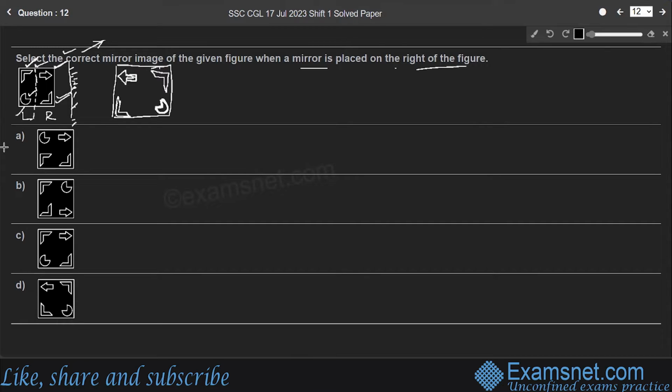In the figure, it is facing towards the northeast direction. Right? In the image part, it is facing northwest direction like this. Therefore, the mirror image of the given figure looks like this. So look at the options. Option D is exactly the mirror image of the figure. Right? Option D is the right answer.